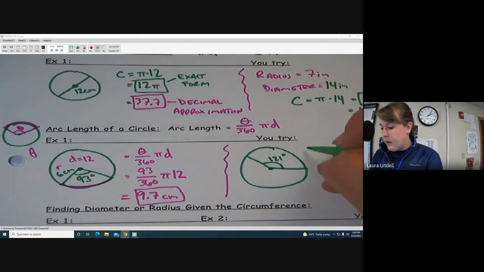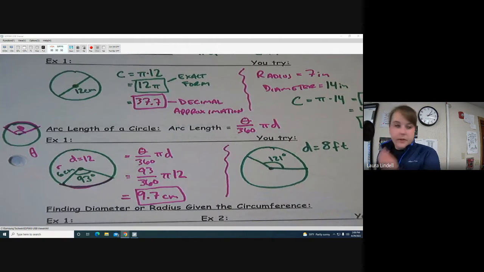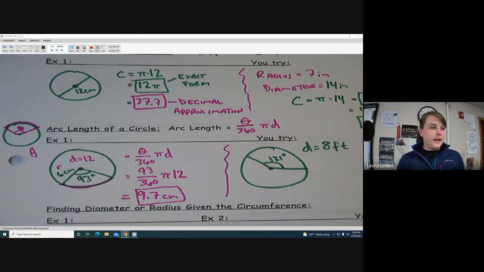And on this one, we're going to be told that the diameter is 8 feet. So pause the video for a second, plug these things into the arc length formula and give it a try. Find your decimal answer. And then I'll explain it once you unpause the video and come back. So go ahead and pause the video.